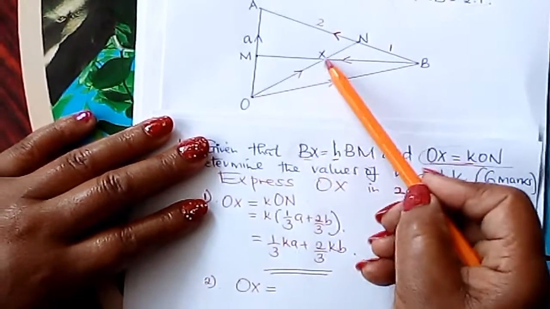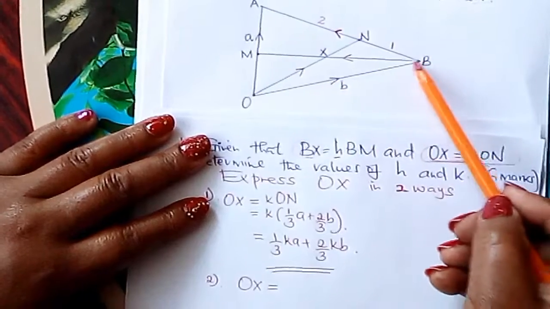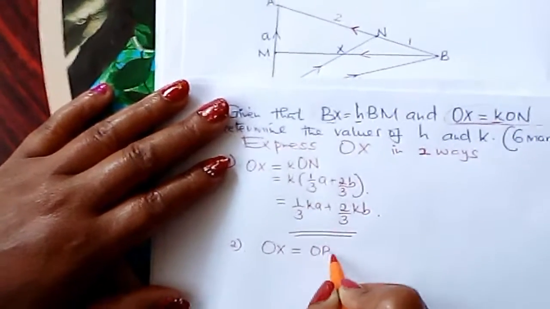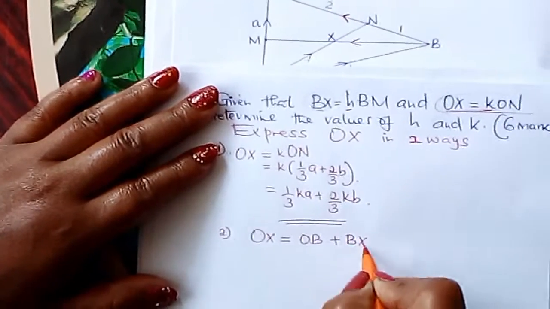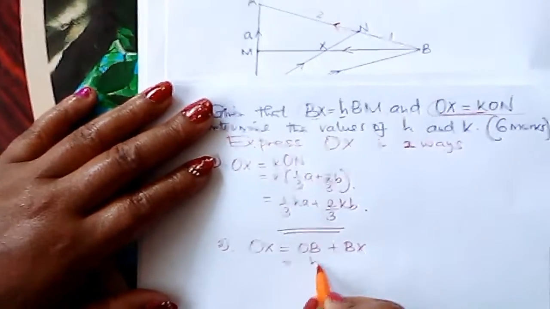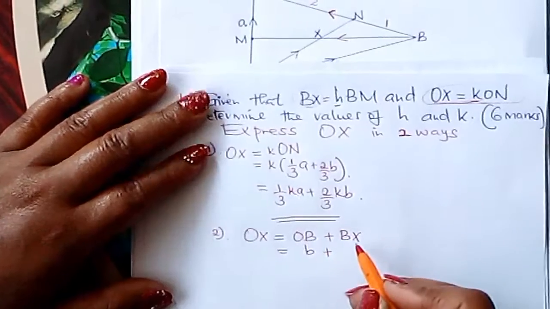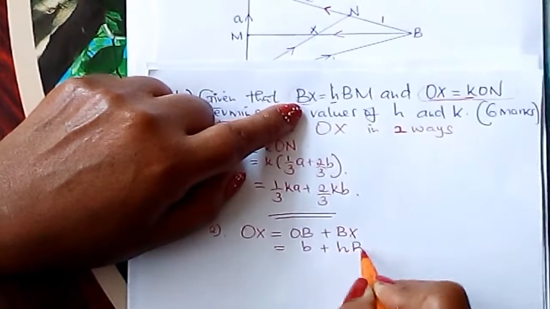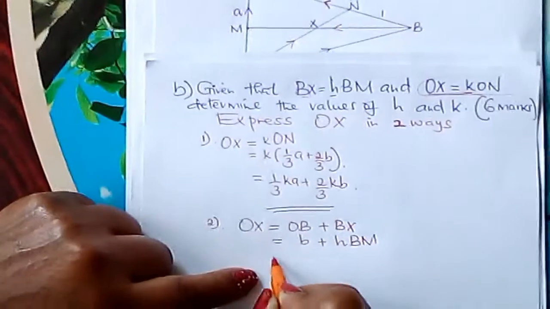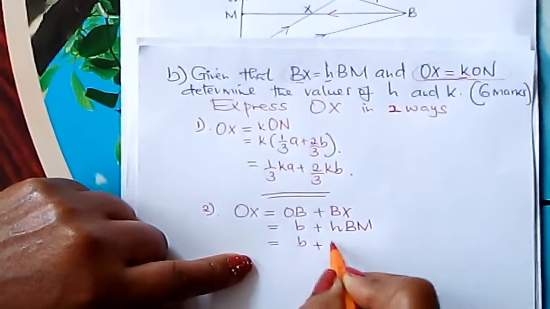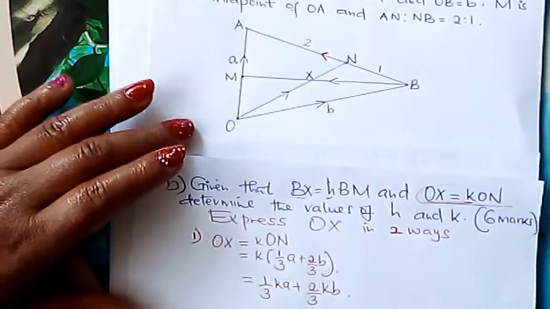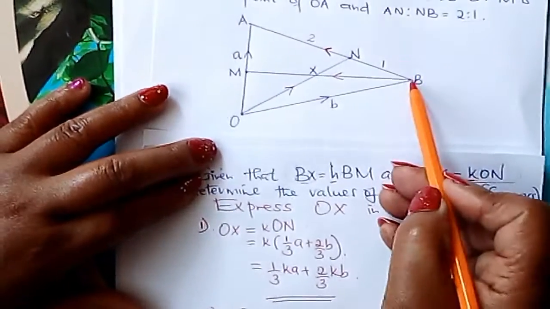So OX is the same as OB plus BX. We write it here. And so we come and say this is small b plus what? Our BX, learner, is H of BM. And therefore this gives you B plus H of what? What is your BM? Again, you go back to the diagram. You look for BM.